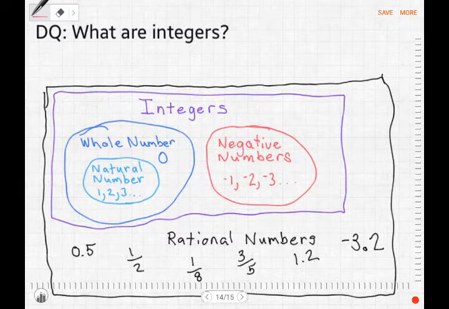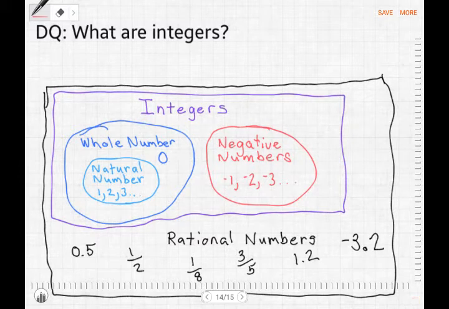So basically, the reason natural numbers are inside the whole number circle is whole numbers are all the natural numbers 1 to infinity, but also including 0. Natural numbers don't include 0, but whole numbers include 0 and all of the natural numbers.